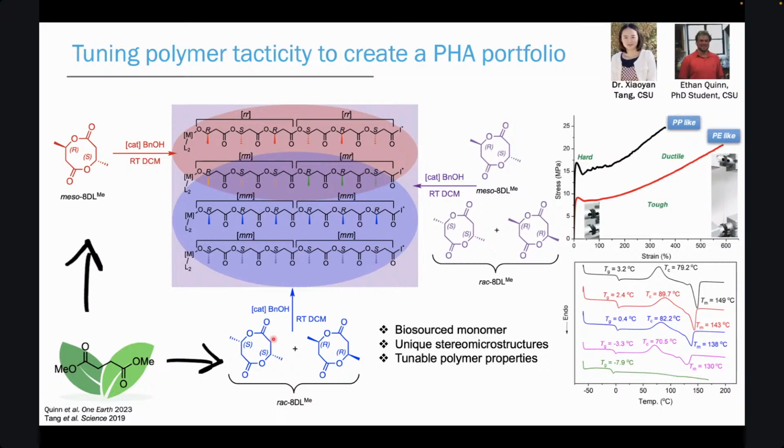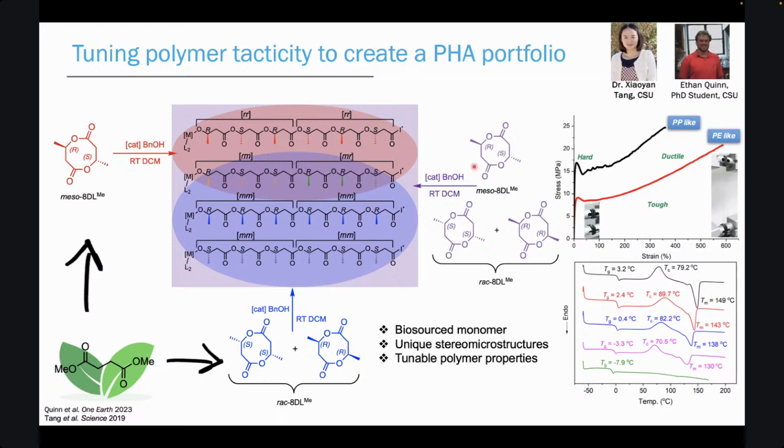And why that's important is because if you take all these different isomeric forms of this one single molecule and ring-open them, what you get is a whole portfolio of chemically identical PHA backbones, but now with very different properties and very different mechanical performance because of the different tacticity we've imparted from that cyclic starting material. Why we like this is because we now have multiple polymers with a varying performance portfolio, but chemically identical, which will improve recyclability of these materials in the future.